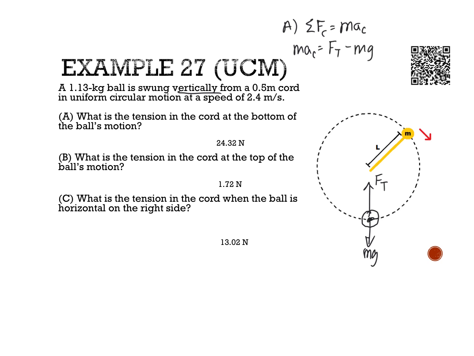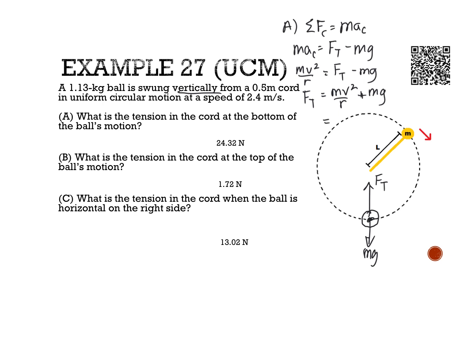So we have m v squared over r equaling the force of tension minus mg. So the force of tension is going to be equal to m v squared over r plus mg. Makes sense, doesn't it? More tension at the bottom than at the top. It's going to pull tighter at the bottom.